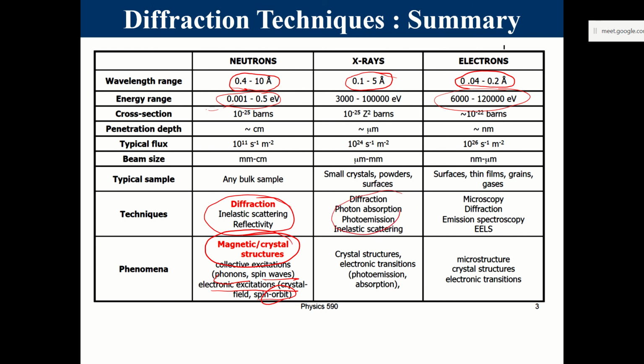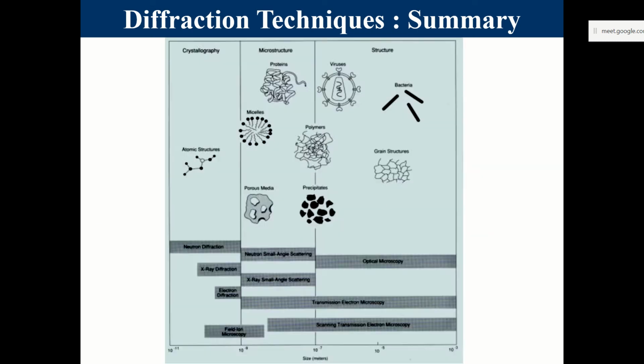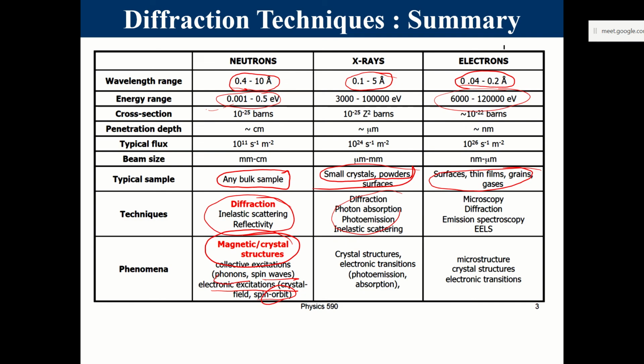So what is the advantage of neutrons? Any bulk sample, any sample you can put and you can get the idea. But with X-rays you need crystalline powdered samples only. Electron beam can analyze thin film surfaces, grains of gas, and like this. So that's the final conclusion.